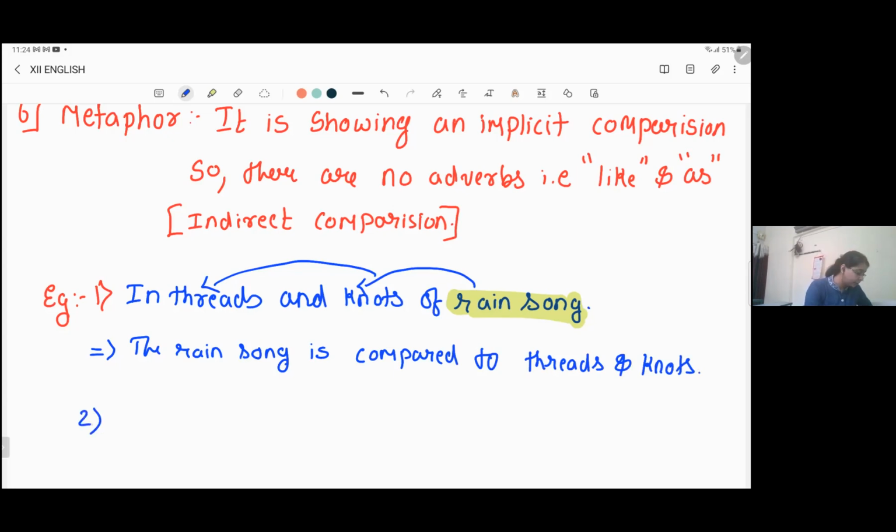Second sentence. The hordes of clouds advance.